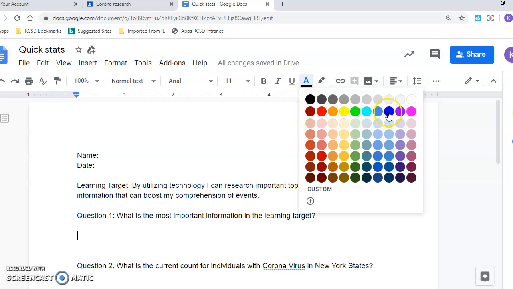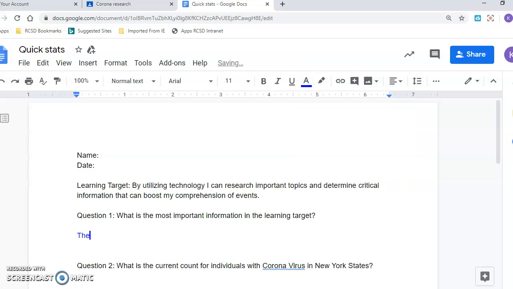So I'm going to write in blue today. The most important information in the learning target is, and now you need to finish that sentence. I'm just helping you get started with the assignment.